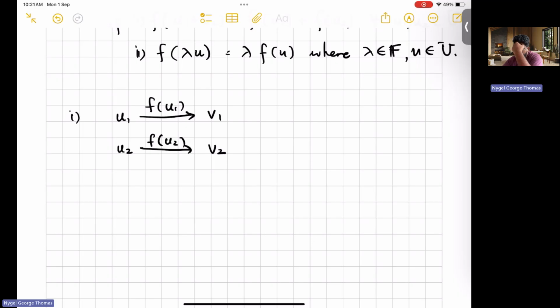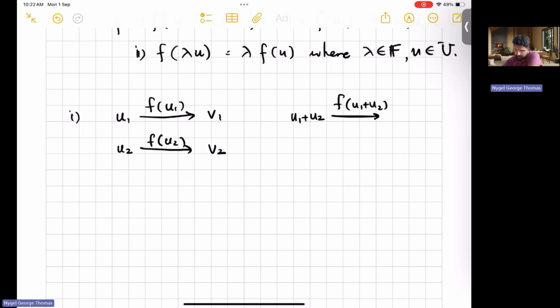So what does it say? Suppose you add these two vectors together, U1 and U2, and give it to the same function. Ideally, to find f of U1 plus U2, you should be knowing U1 plus U2. You have to compute U1 plus U2, give it to the function and get the result.